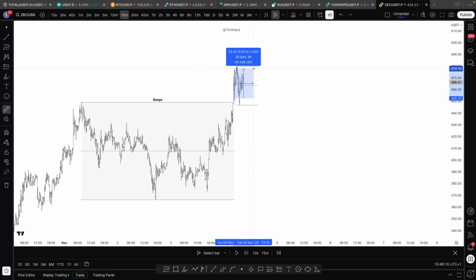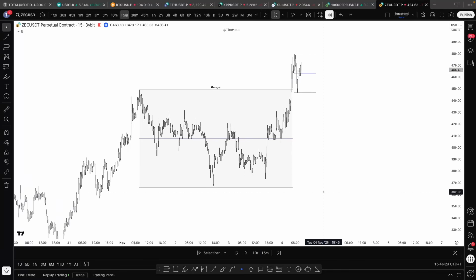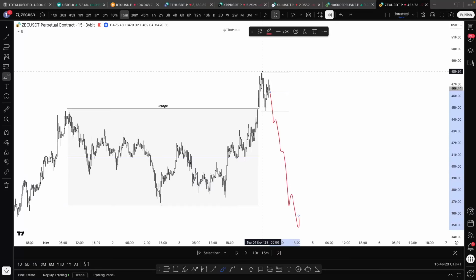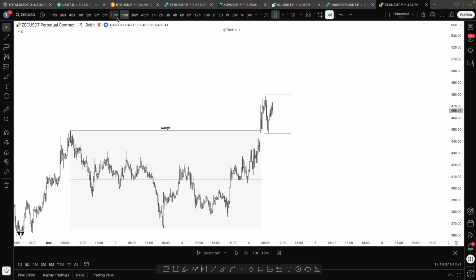Wait, the manipulation phase needs to be at least 11 hours. So calculate how much percent that is, but it does need to look good. It does need to take a bit of time because it's going lower now. You can see this is not enough time displacement. So you need some time displacement and then go lower, and then it's a valid PO3. So you need time displacement as well.